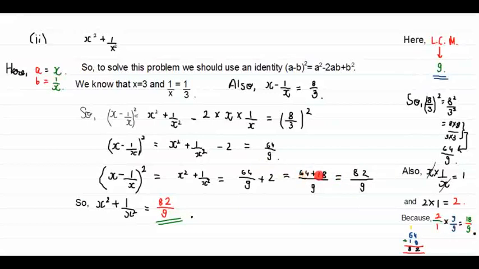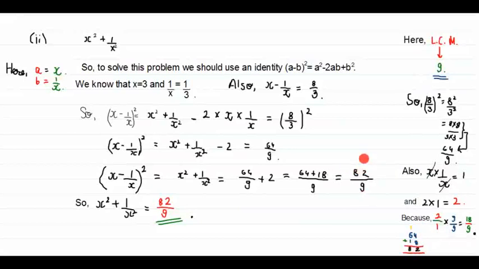So (64 plus 18) whole divided by 9 is equal to 82 by 9. So 64 plus 18: 4 plus 8 is 12, so we write 2 at the ones place, and 1 will be there as carry. So 6 plus 1 is equal to 7, and 1 carry, so it will be 8.